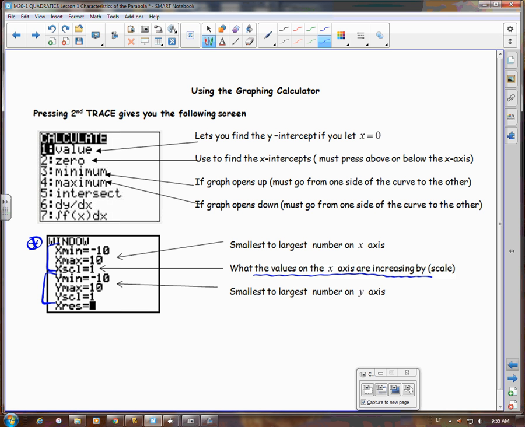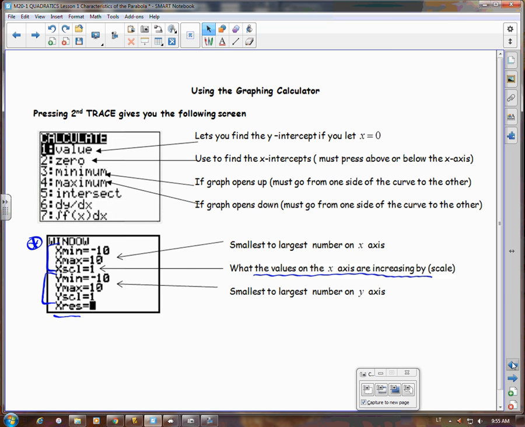You can change it to about 1/10 of whatever the width is that you want. Same thing for the y values. And for x res, you want to keep it at the smallest number it can go, I think 1. That describes how your cursor will move when you are tracing along a graph.